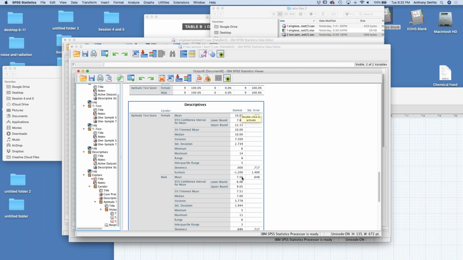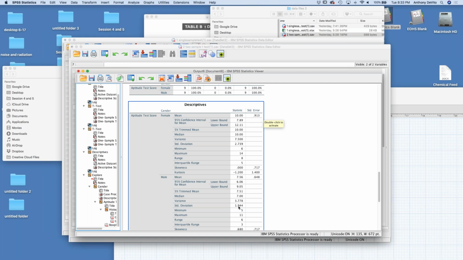Okay, so 7.56, and look, we have standard error for this group, and standard error, and we have standard deviation for females is 2.73. Standard deviation for males is 1.98. You know, standard deviations are a bit different, but one is not double the other.